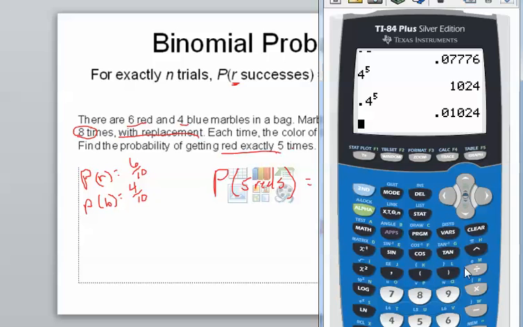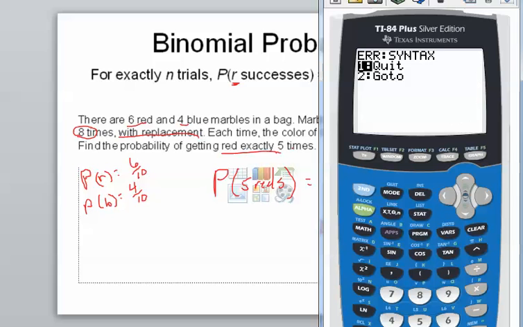Cool. So we're going to have to multiply some things together here. So I'm going to move up here to get the 252 times, move up here to get that 0.6 to the fifth, and up here to get that one.